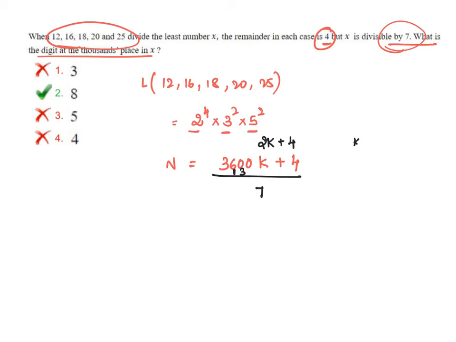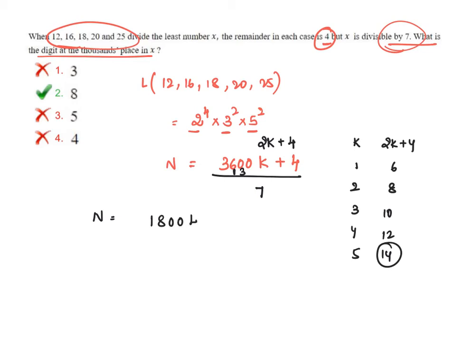So substitute k values, and 2k plus 4 must be perfectly divisible by 7. When k is equal to 1, this becomes 6. When k equals 2, this becomes 8. It increases by 2, 2, 2. So 10, 12, 14. So 14 is perfectly divisible by 7. So the number that we are looking for, when you substitute k is equal to 5, you will get 18,000 plus 4.